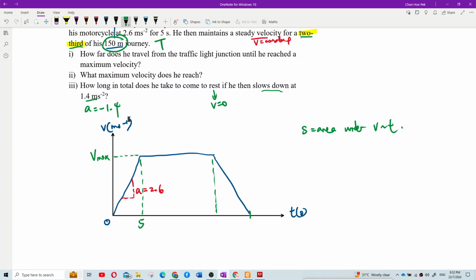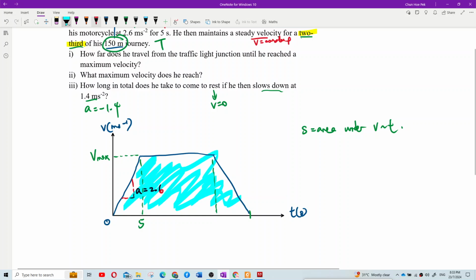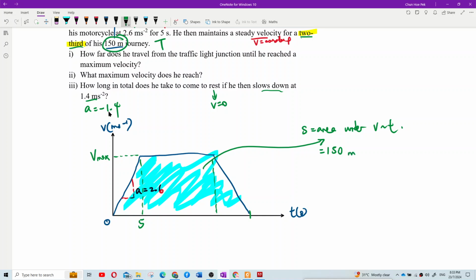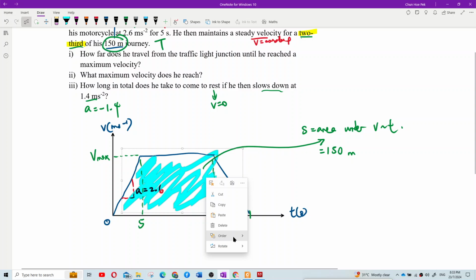So okay, area under the velocity time graph. The total area here is 150 meters. So how does it help you?